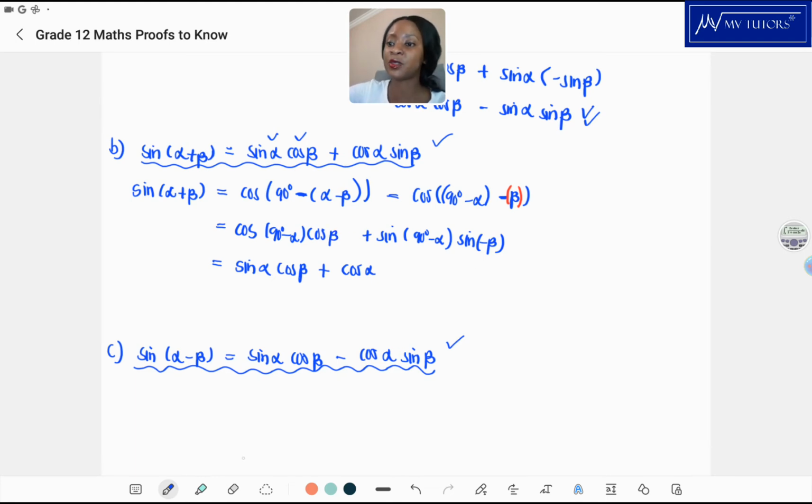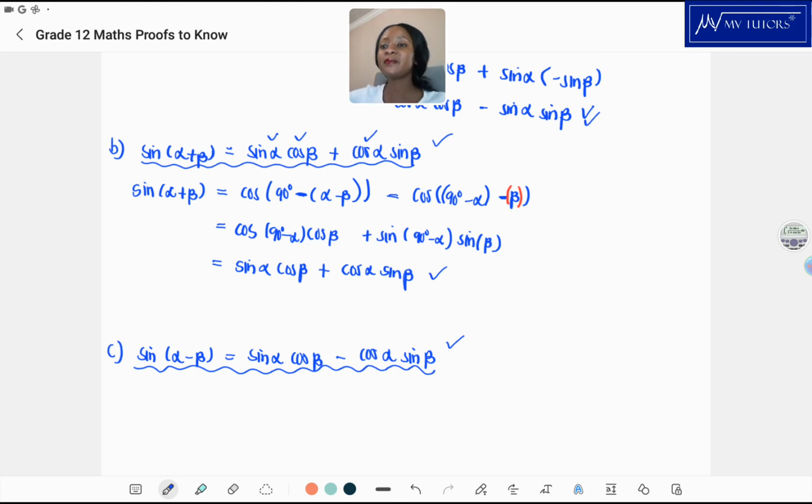So here as well, it's not a negative. It's just sine beta. Okay, because I see it wasn't getting to the answer ultimately. So sine 90 minus alpha, that would be cos alpha, and then we have sine beta over there. And by so doing, we already have our answer there at the top, so we managed to prove it.